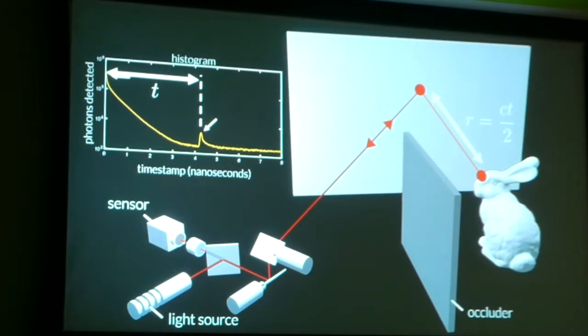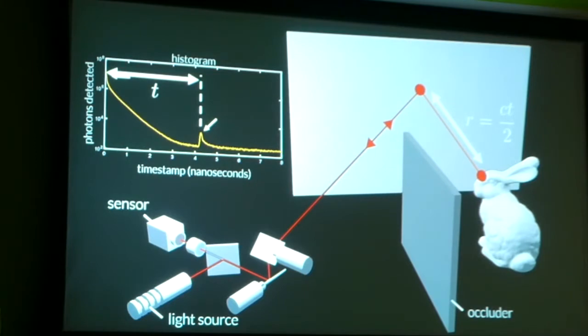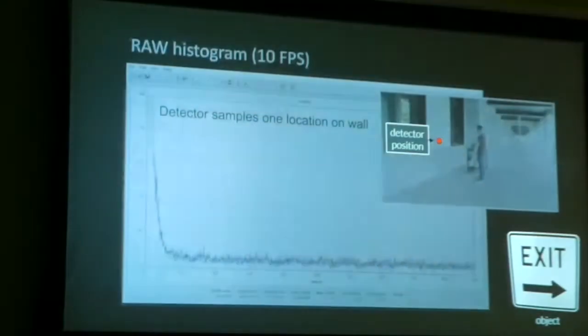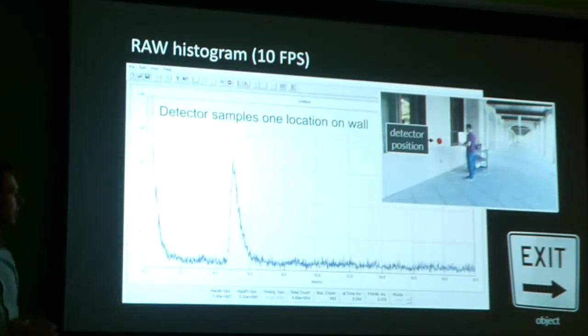And you can think of this time delay as intuitively having information about where this hidden object is, right? This is basically giving us some notion of the distance of that hidden object from the wall. Here's an example of this happening in real time.